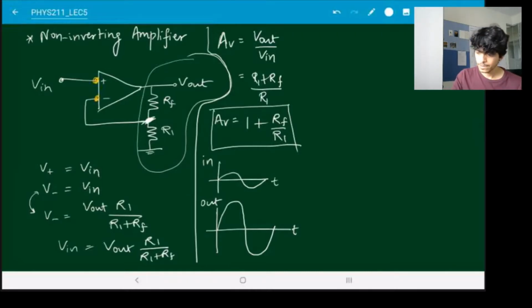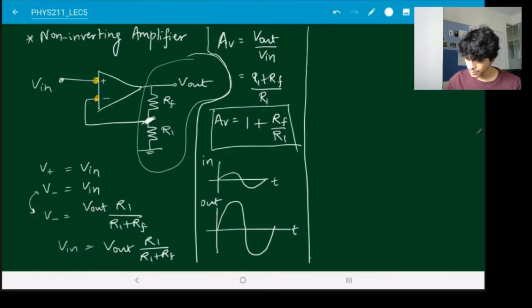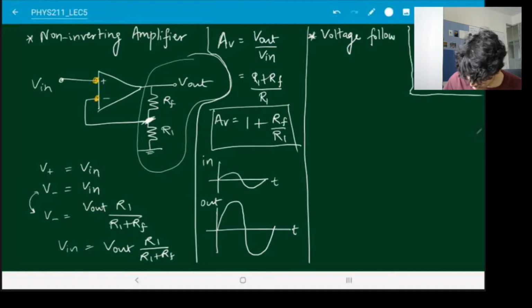Great. So now we can discuss one more circuit very similar to this non-inverting amplifier. Let's draw the circuit for you. This is called a voltage follower, or sometimes this is also called unit gain amplifier.